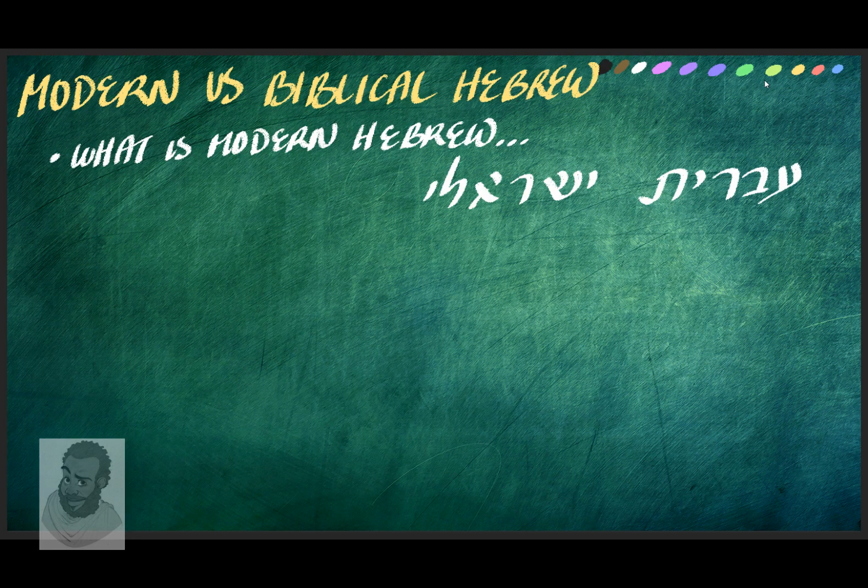On to the next question. What is modern Hebrew? Modern Hebrew, also known as Ivrit Yisraeli. The reason why it's Yisraeli is because the occupiers that are occupying Yisrael are known as Yisraeli. Okay? Any person that is within a land, that land is now named after those people or that person, right?